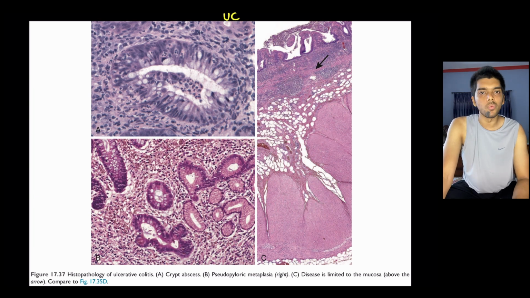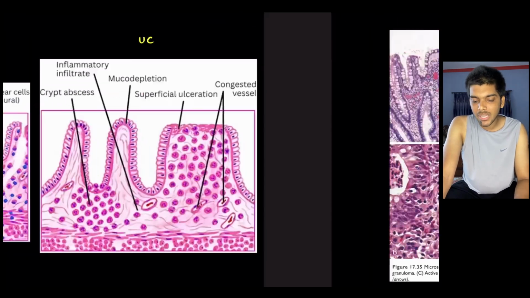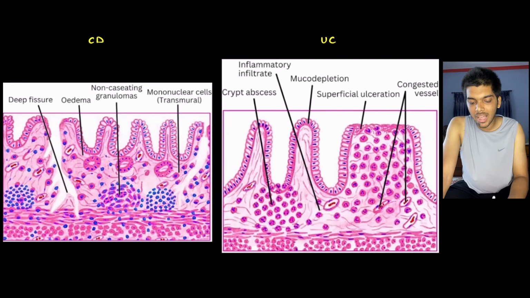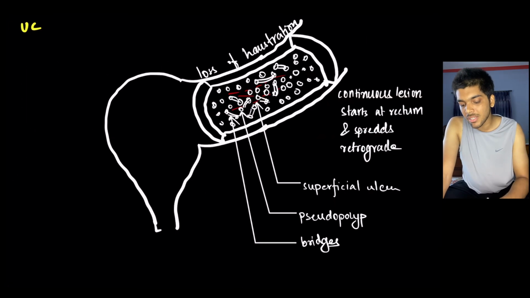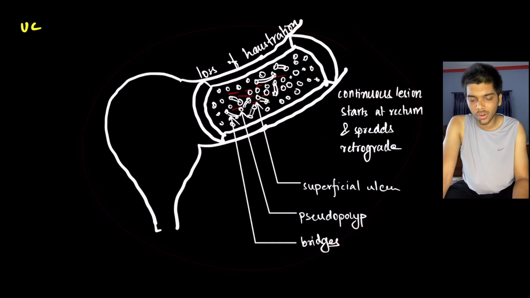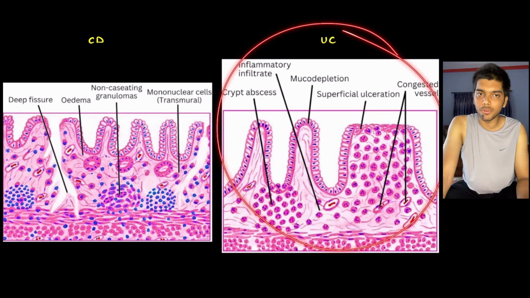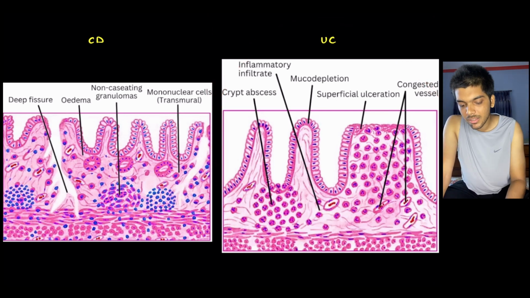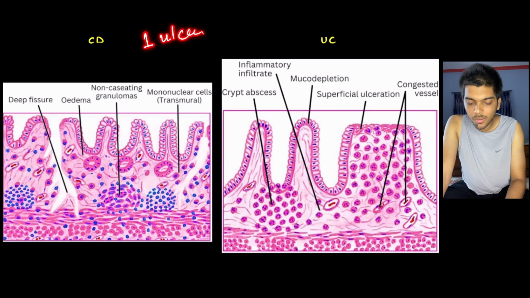And with that, we are done with Crohn's disease and ulcerative colitis, both gross and microscopy. So if in exam they ask you about Crohn's disease, draw this diagram for gross, draw this diagram for microscopy. If they ask you about ulcerative colitis, draw this diagram for gross, draw this diagram for microscopy. In microscopy, remember 3 points. First, the ulcer, second, the wall, and third, the typical feature.